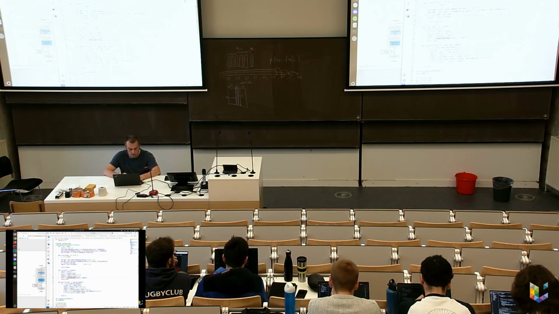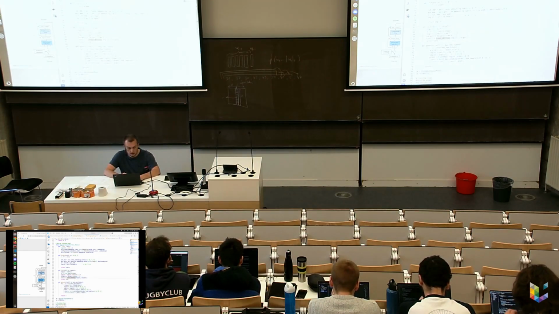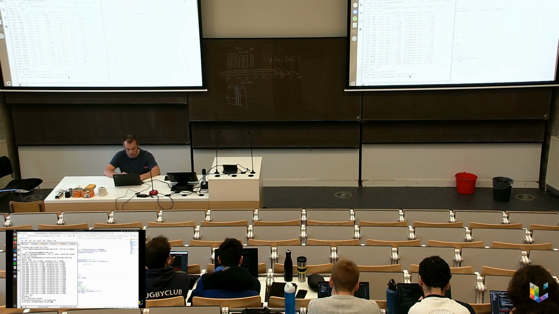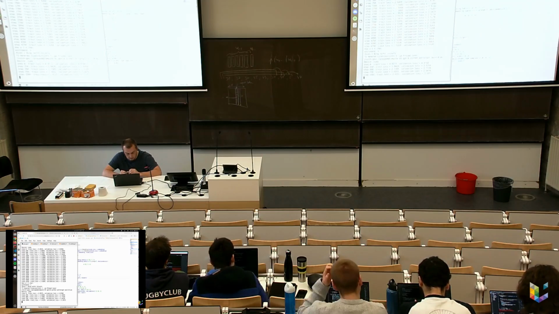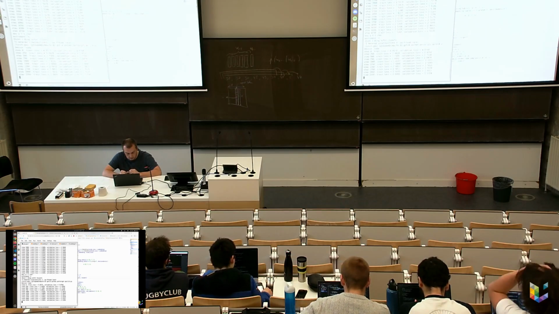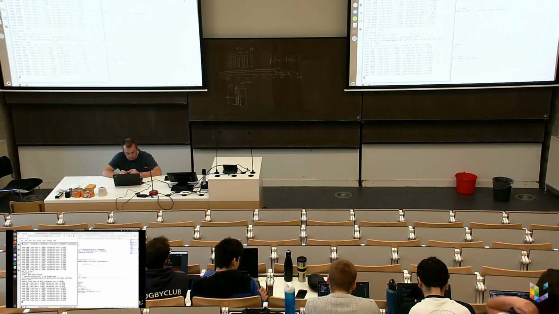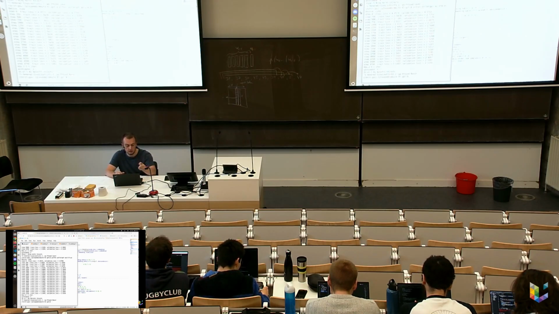So let's see if that works. Oh, it's not this one. So it's still a bigram language model, but it's already a bit different because now a token also knows its position.